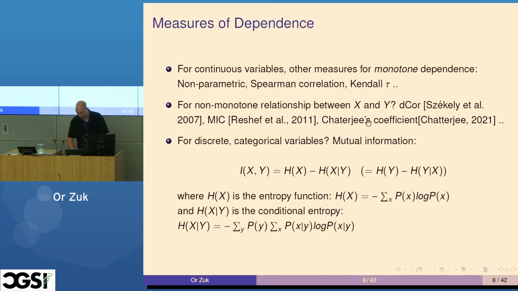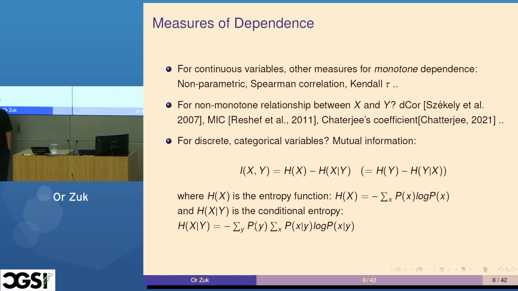For discrete variables, there are more natural, I would say, measures of dependence. For example, you can take the mutual information. And from information theory, we know that the mutual information is 0 if and only if the variables are independent, right? So we have a good measure. You can also take another measure. For example, we can do a chi-square test.